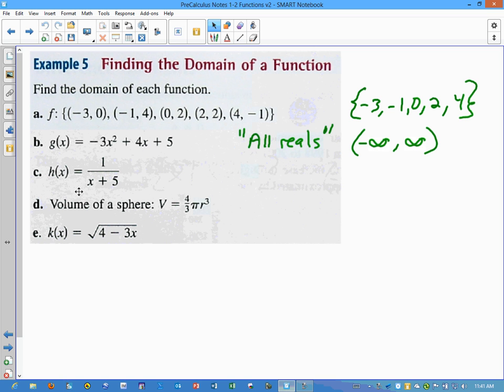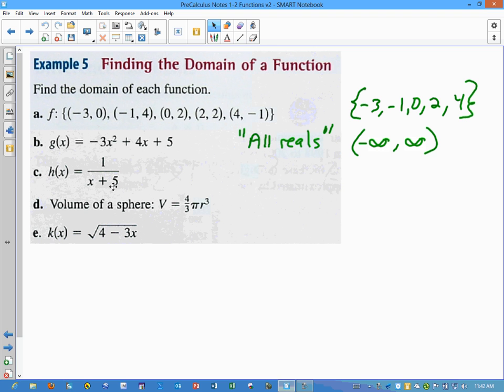Now the next one does have a potential problem. It does have a potential domain restriction because we see a variable in a denominator. So if, for example, x was -5, well, -5 plus 5 would be 0, then we would have division by 0, which would cause a problem. So any other number will give us a value.